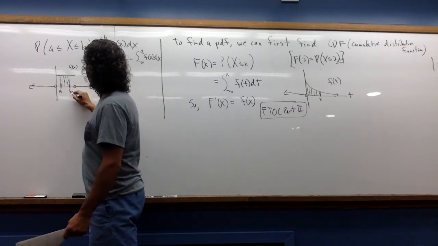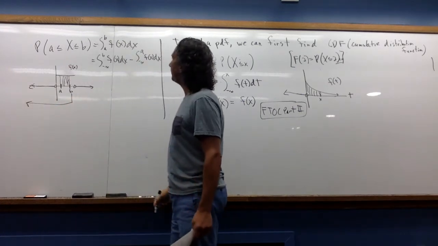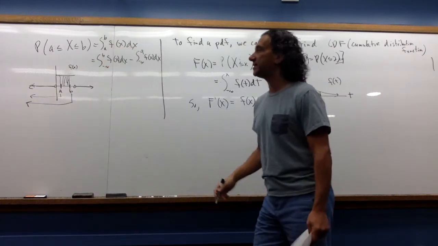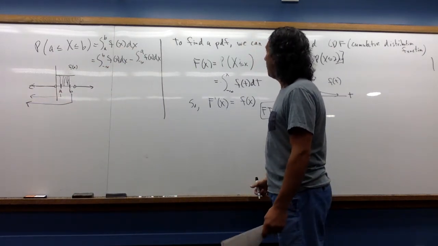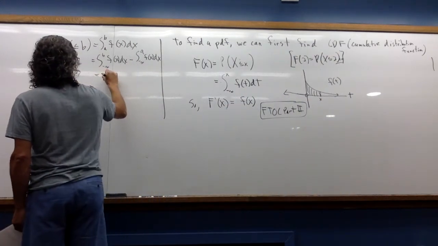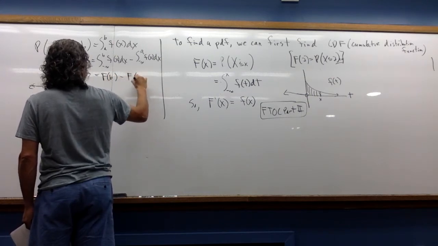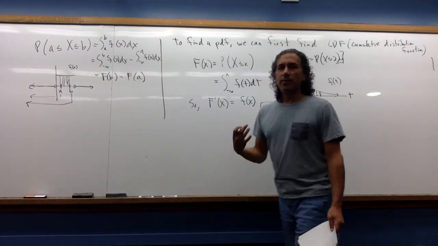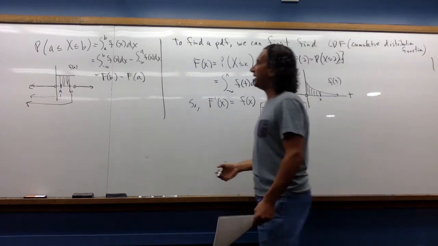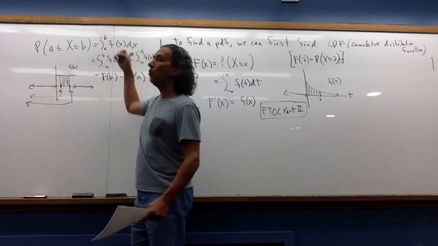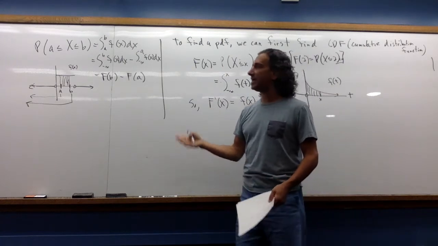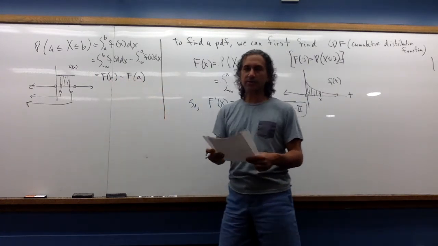So can I just take all the area to the left of B and subtract all of the area to the left of A, right? That'll give me the stuff in the middle. Well, by definition, that is big F of B minus big F of A. So if you can come up with your big F of X function, then you have a shortcut to computing this probability. In other words, you won't have to integrate. You'll have some function big F of X, and you could just plug in B, and you could just plug in A.